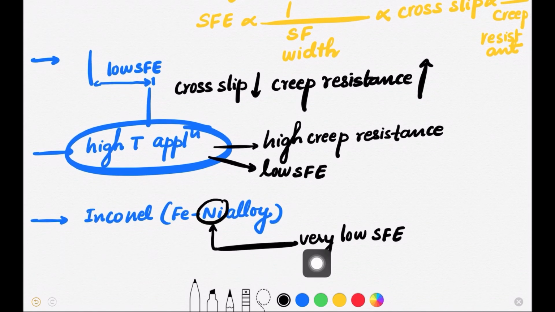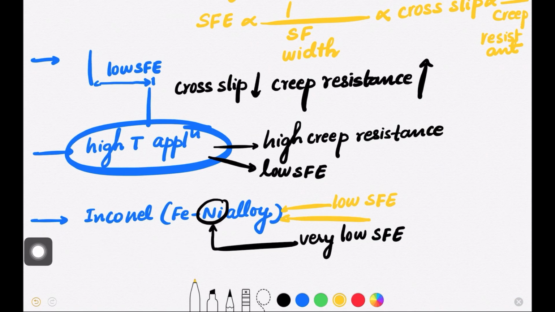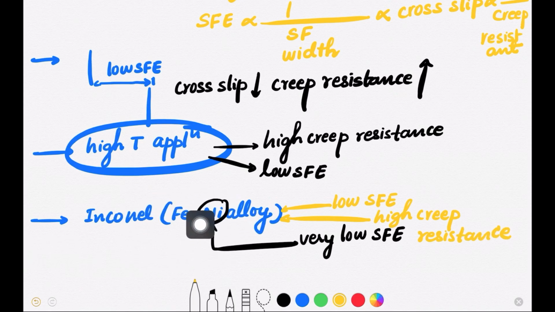So when we add nickel to iron, this iron-nickel alloy will have low stacking fault energy due to the presence of nickel, and hence this alloy should have high creep resistance, and hence this alloy can be used for high temperature applications.